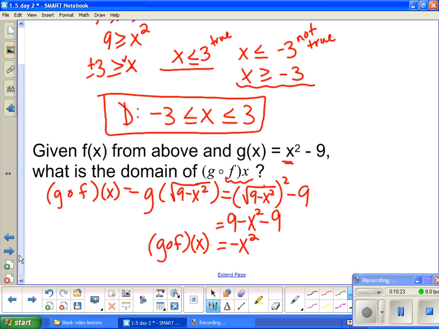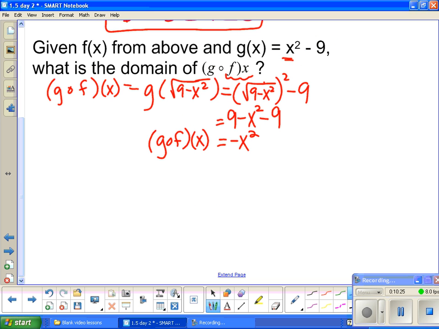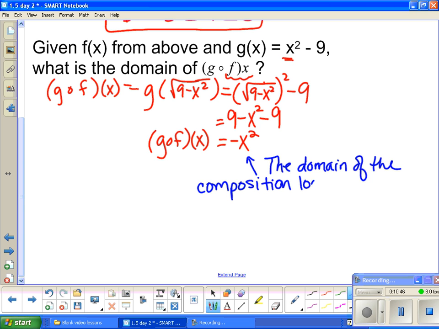So, big note here. This is really, really important. The domain of the composition looks like it should be all real numbers.